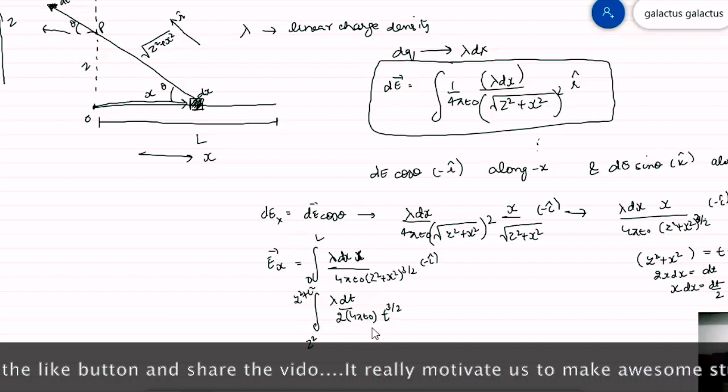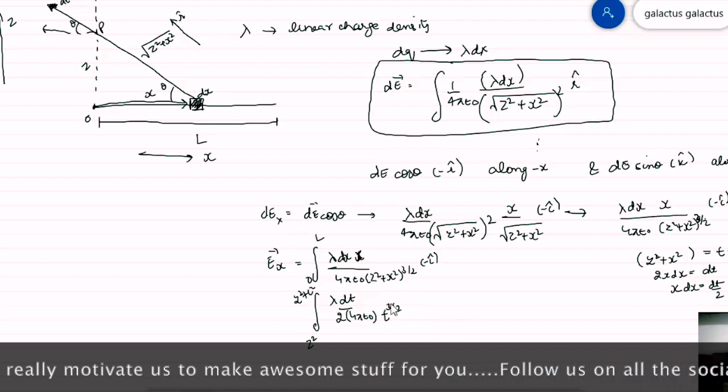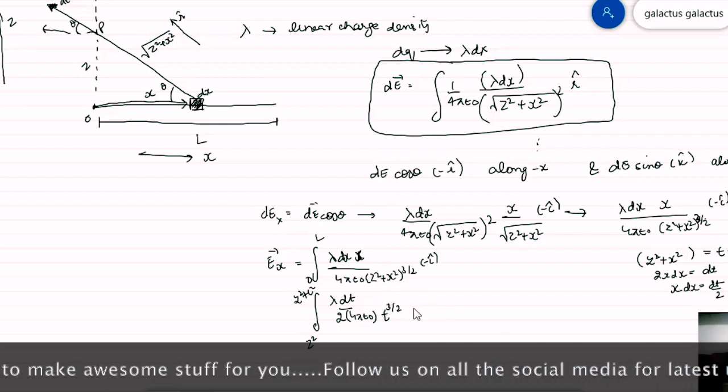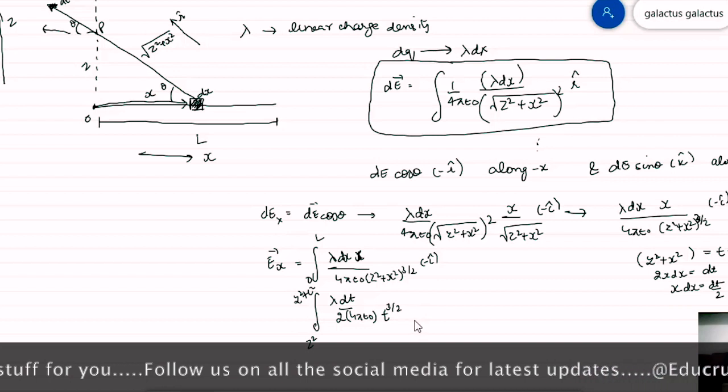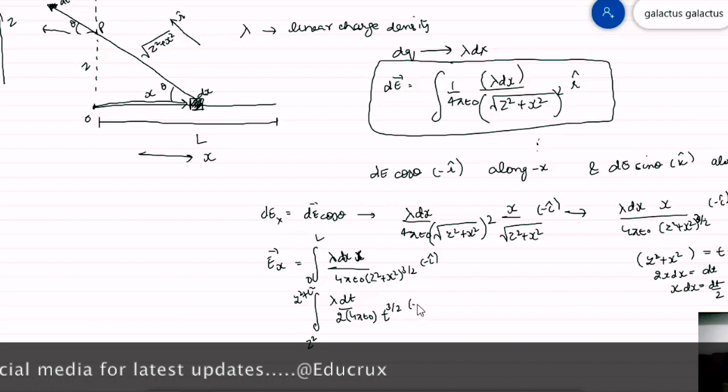So what you can do is now just take it in the denominator and apply the simple integration formula for nth power and solve it. So this will be the component along minus i cap.